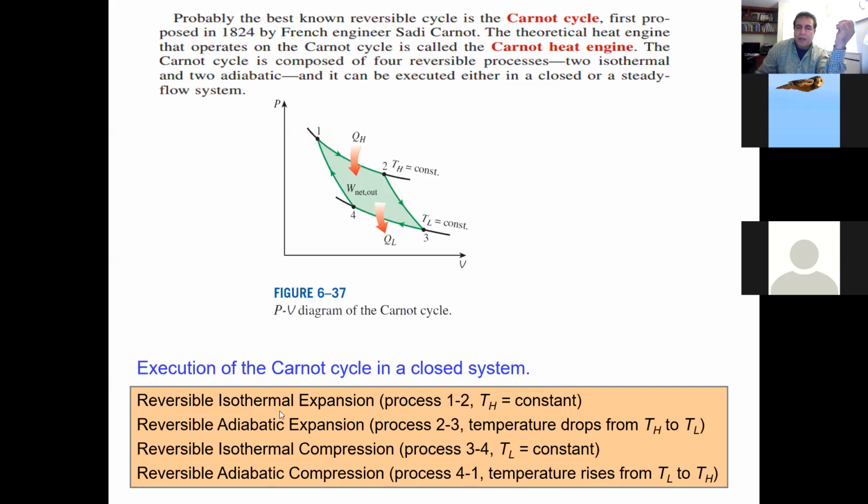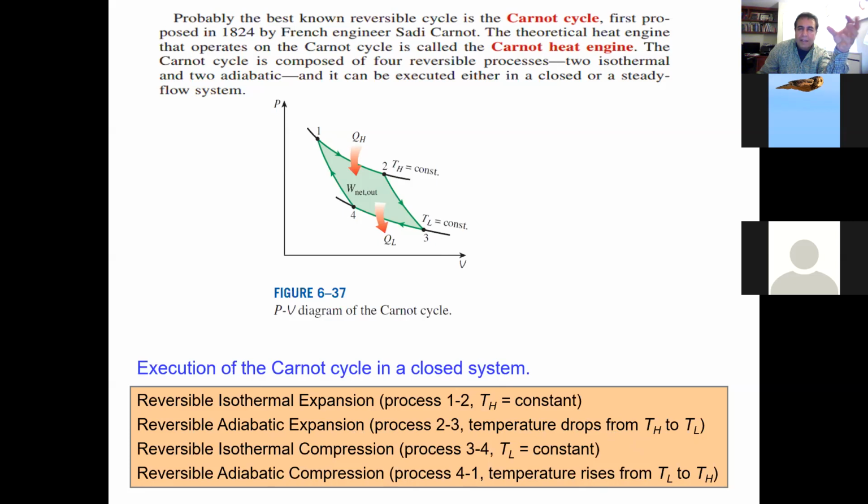So reversible isothermal expansion is process 1 to 2, at constant temperature. Reversible adiabatic expansion is process 2 to 3, where the temperature drops from high to low. You guys are really knowledgeable right now.